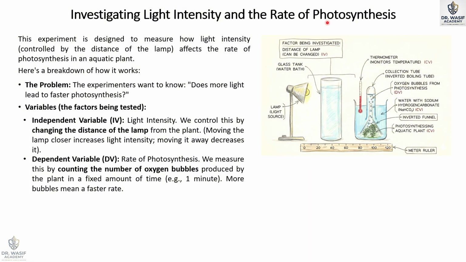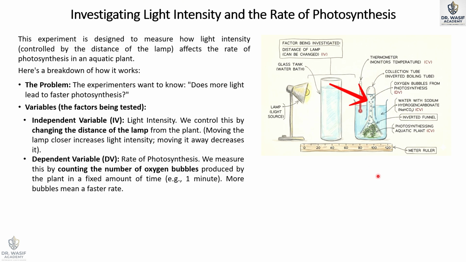The dependent variables are those variables which we are going to measure. And here what are we measuring? We are measuring the rate of photosynthesis. So the rate of photosynthesis is a dependent variable. Since oxygen is a byproduct of the reaction, we can count the number of bubbles being produced, as you can see in this picture.